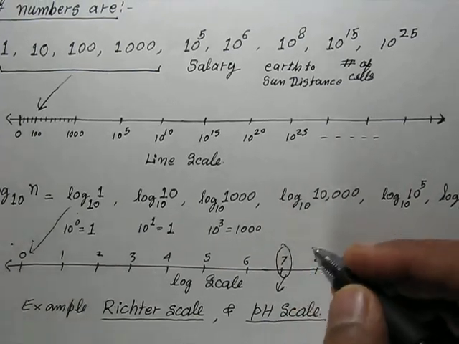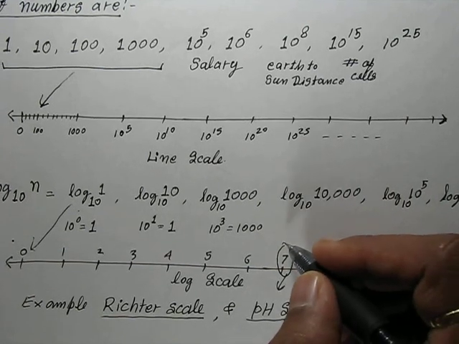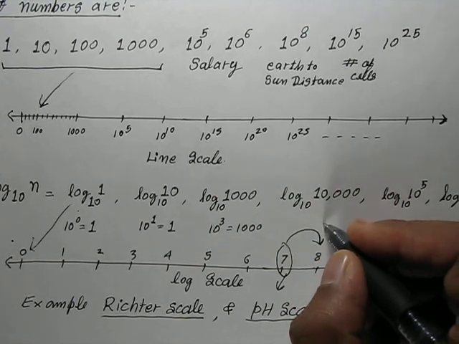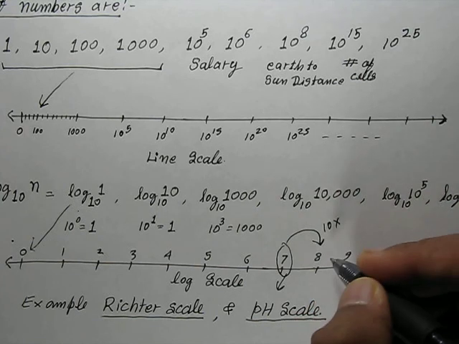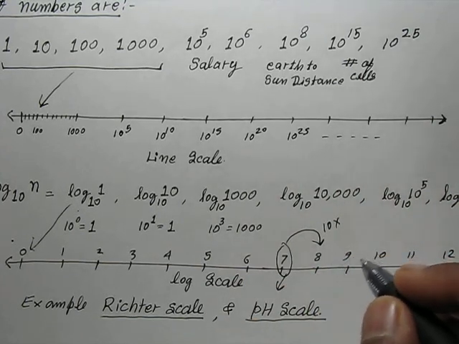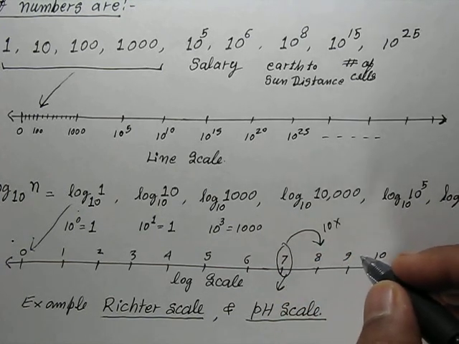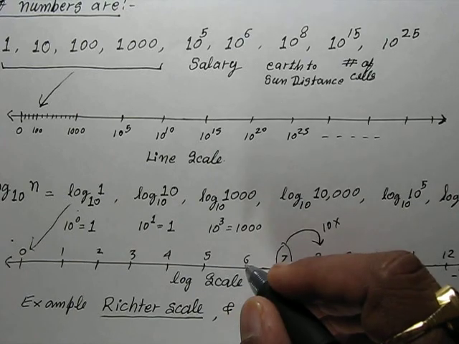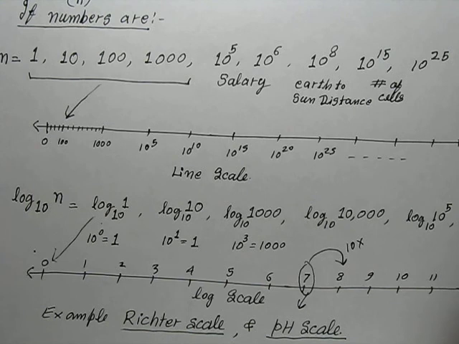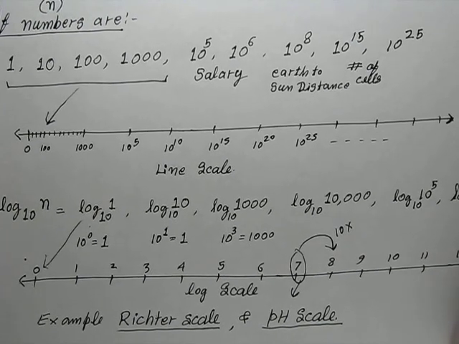And if the pH goes from 7 to 8, it means it changes by 10 times, right? So all these powers represent 10 raised to a power: 10 to the power 7, 10 to the power 8, 10 to the power 9, 10 to the power 10. So this is why we use the log scale, because it reduces our math problem.